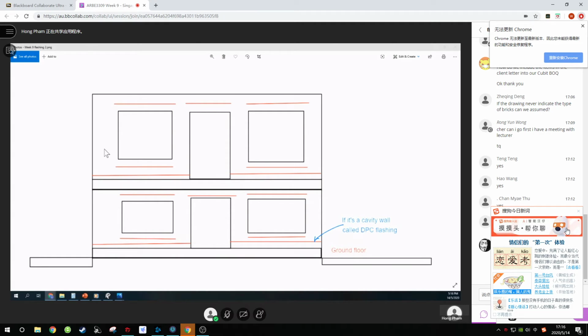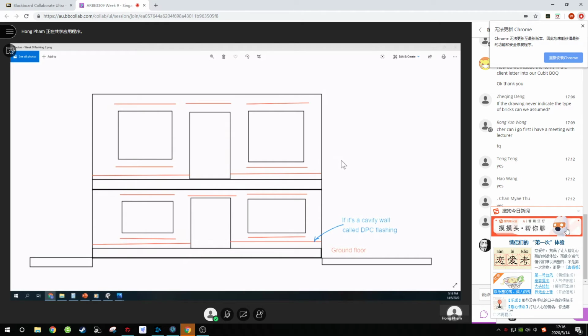Basically, when the wall is bricked by something, either the slab, then you need to have a flashing. There are a few kinds of flashing here.